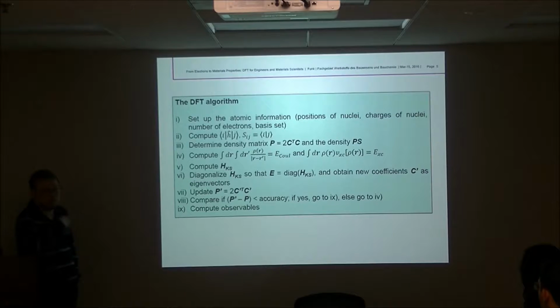Both are going over the entire space. It is just to find out what happens if you vary the electronic density with respect to the Coulomb potential. And our exchange and correlation energy, which is the exchange and correlation functional times the density.